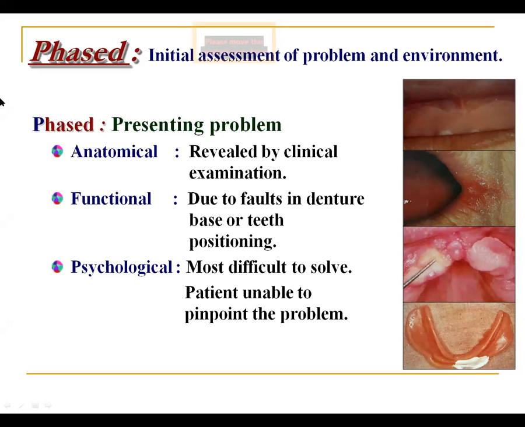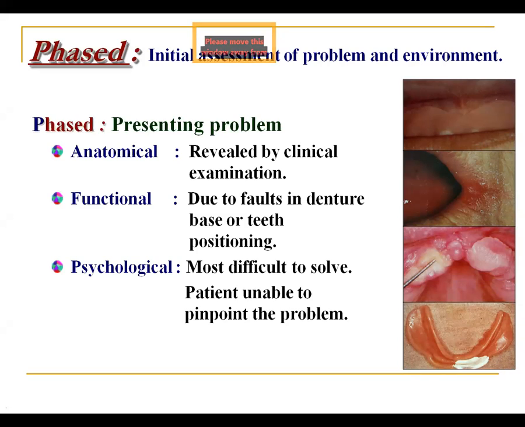P, present problem. Is there any anatomical problem or problem related to the patient's function, or any psychological problems? If there is an anatomical problem, just do clinical examination for that to clear it out.